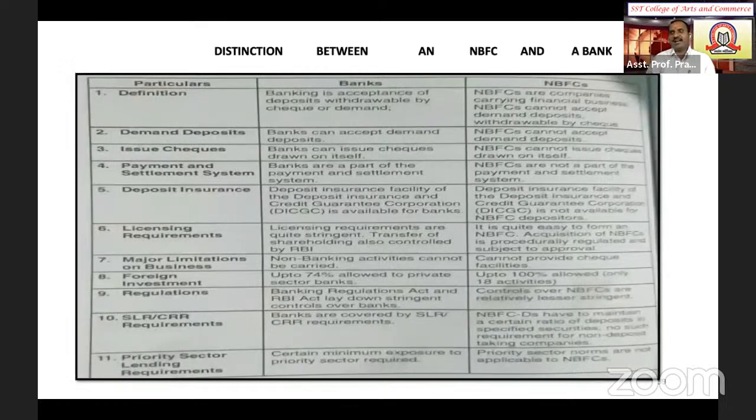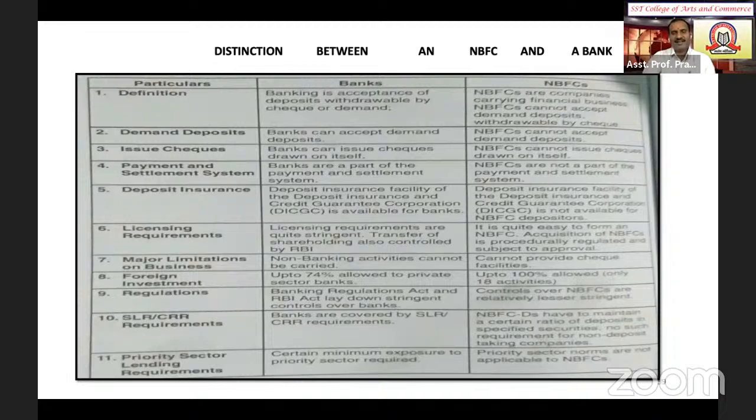Sometimes the university will ask you theory questions for 7 or 8 marks regarding distinguishing between banking companies and non-banking financial companies. Sometimes they will ask you to write short notes on non-banking financial company.